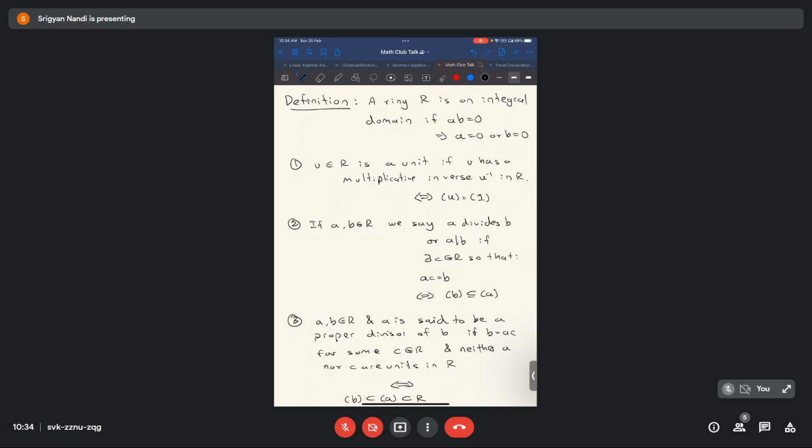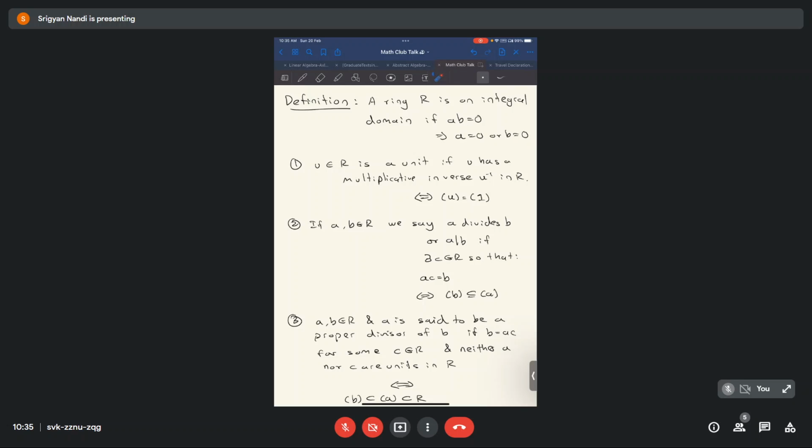So we start with the following. Although it might have been discussed before, I'll just go over the definition once more. A ring R is called an integral domain if there are no zero divisors inside the ring. That is, if a product AB is zero inside the ring, then either A should be equal to zero or B should be equal to zero.